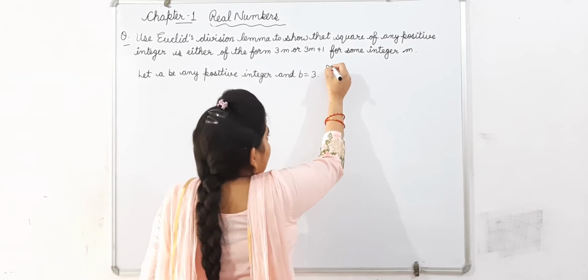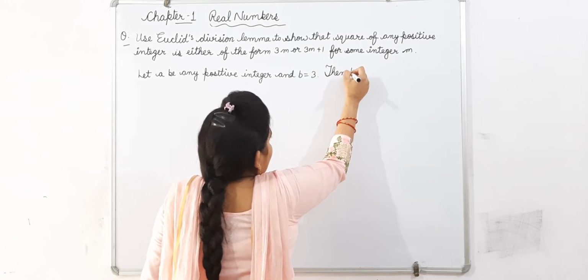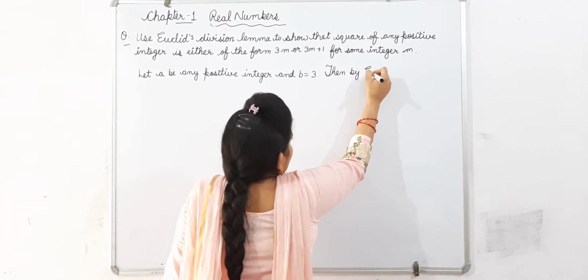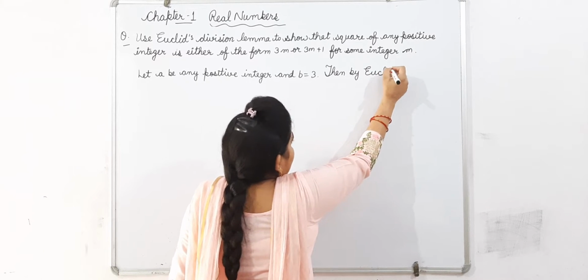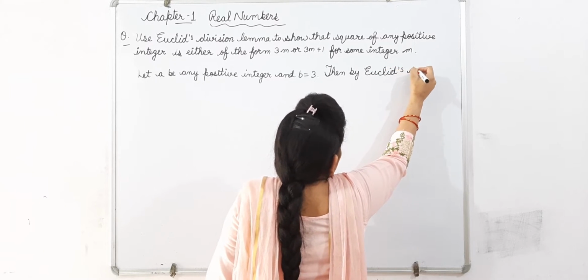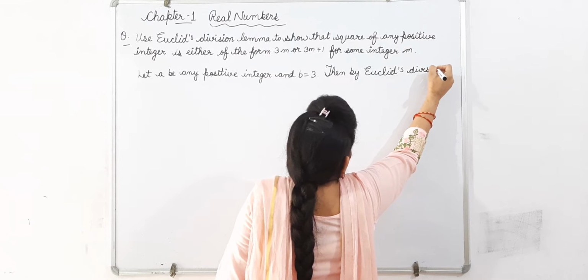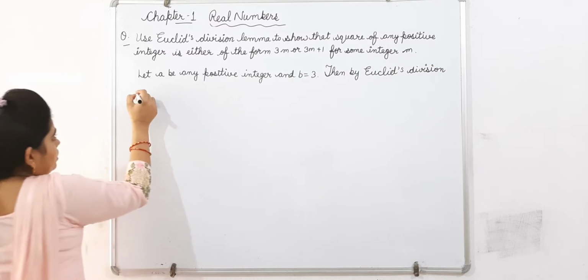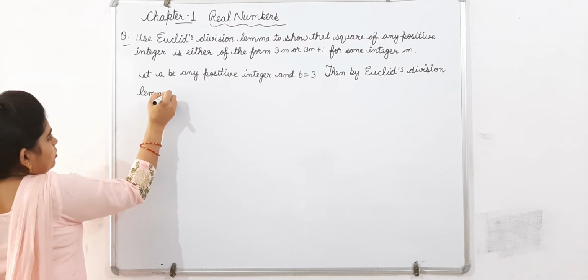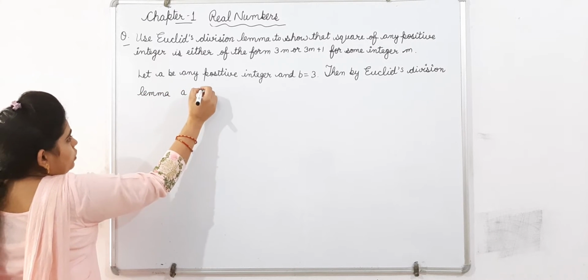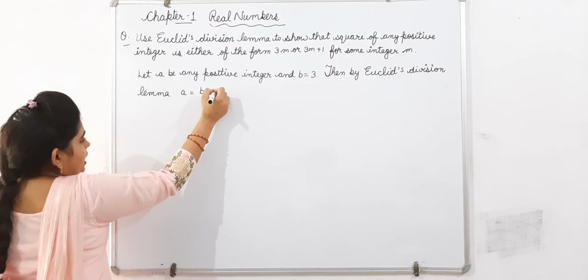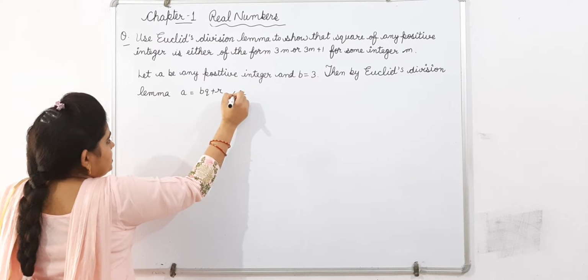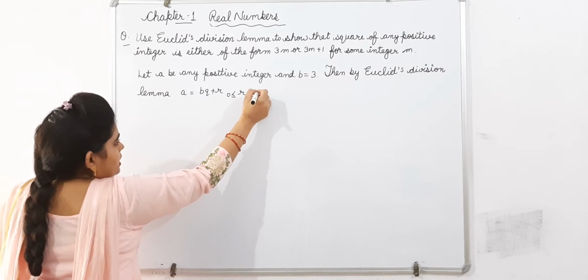Then by Euclid's division lemma, a is equal to bq plus r, where r is greater than or equal to 0 and less than b.